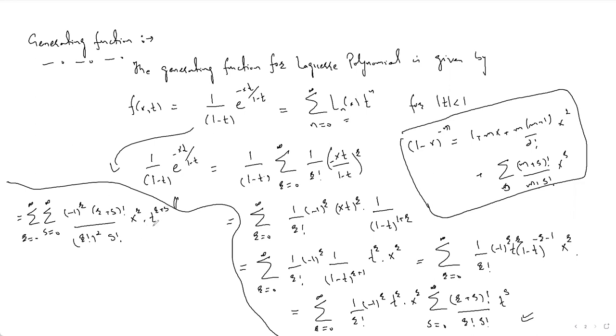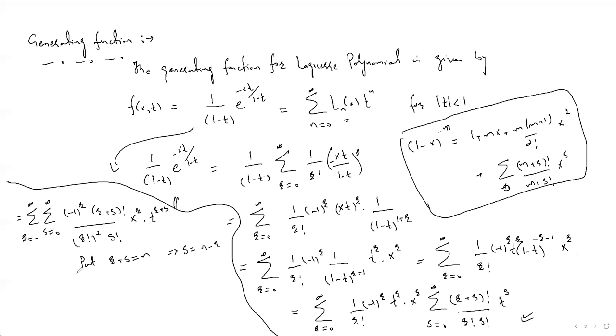Now I will put this r plus s equal to n, right? That implies s is equal to n minus r. So the limits will also change. I will write this as t raised to power n.